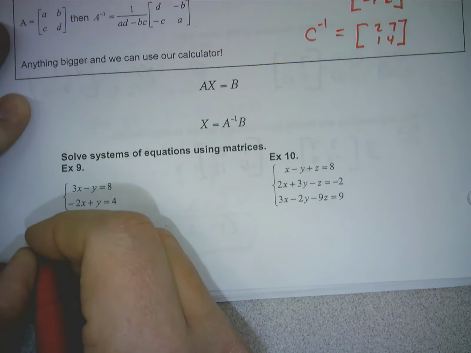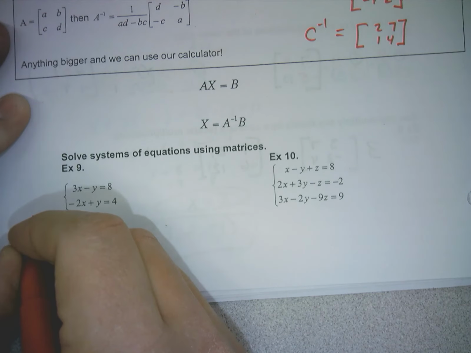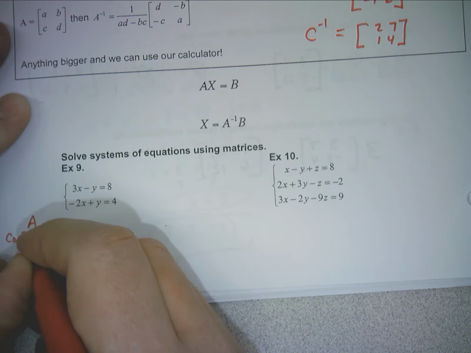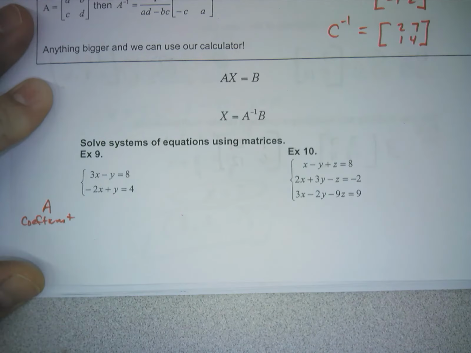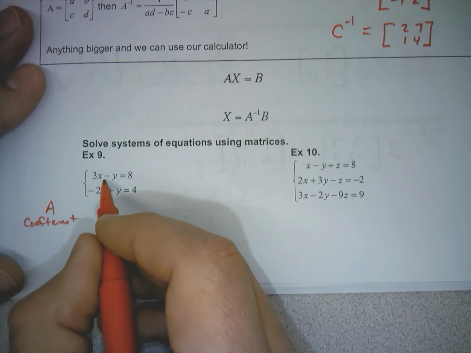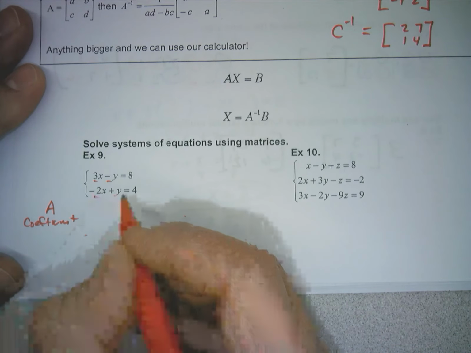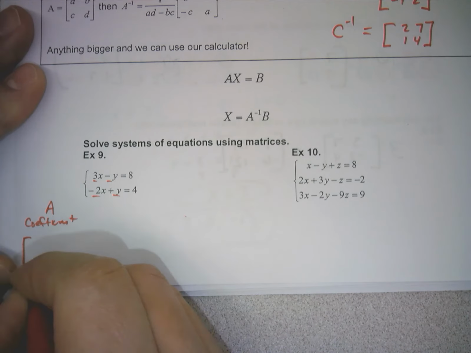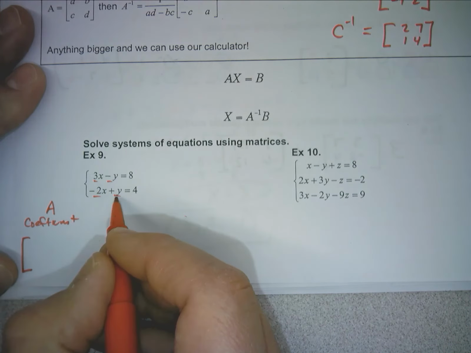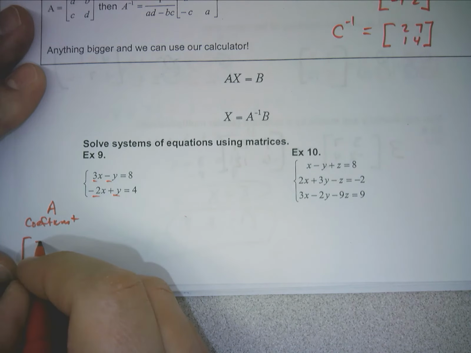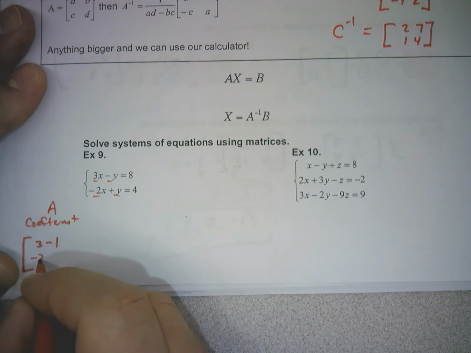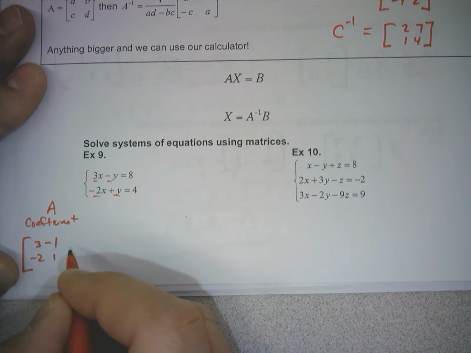First off, matrix A is what we call the coefficient matrix. So I take a look at all my coefficients, the numbers in front of X and Y, and I make a matrix of it. In this case, I've got a 2 by 2, 4 elements. I have 3, -1 for 3x and -1y, and then I have -2 and 1.